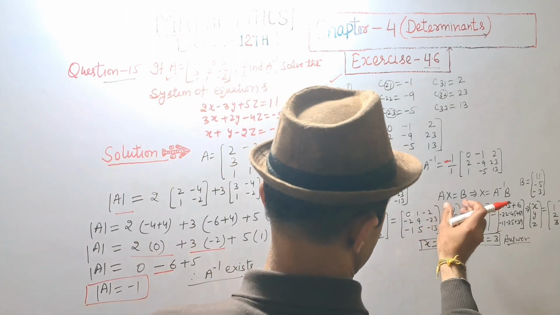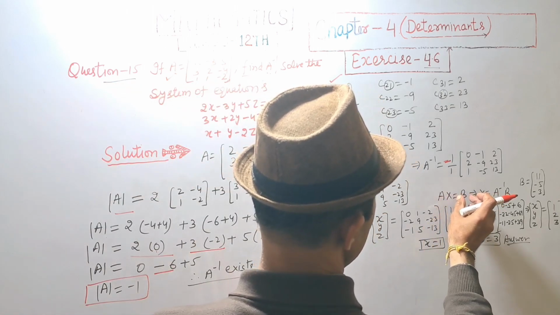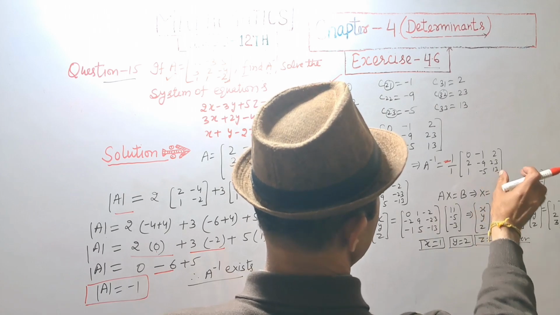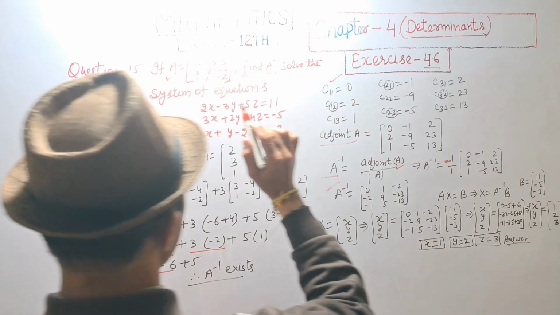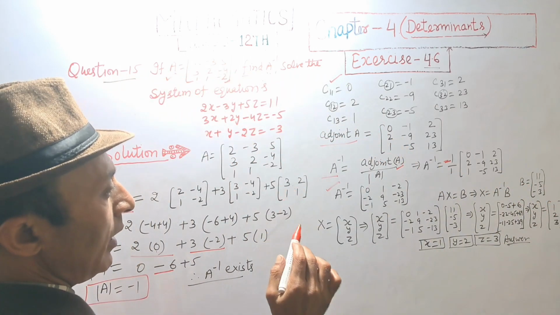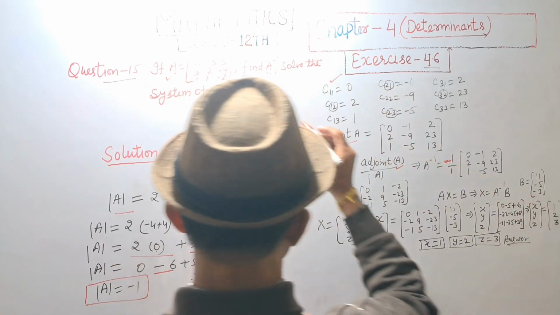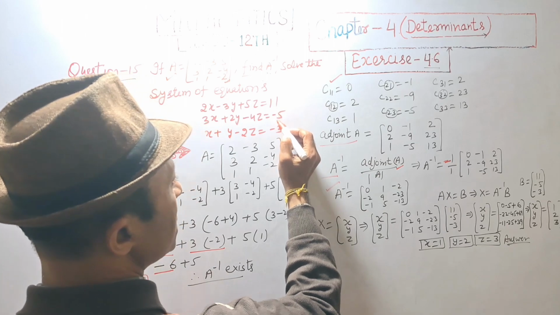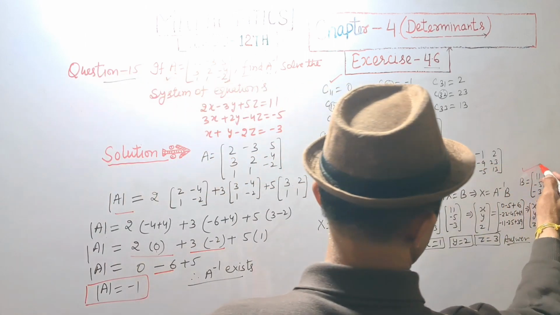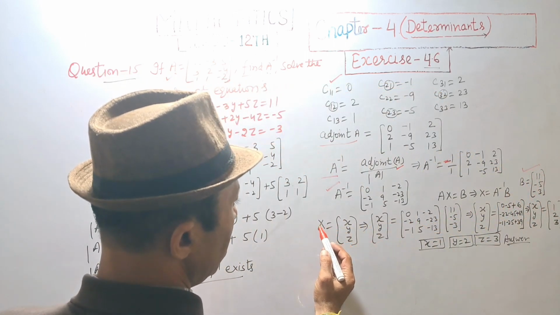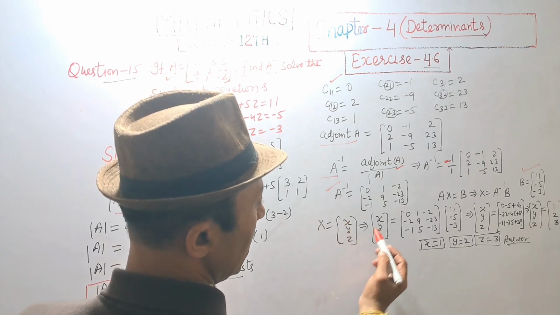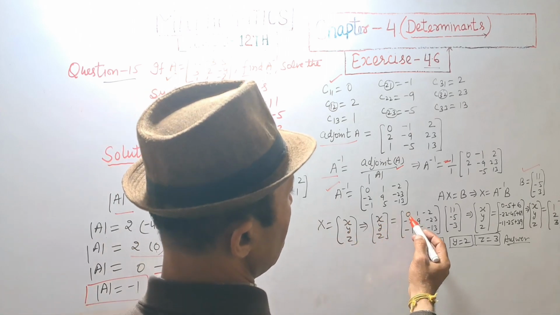So we find Ax equal to B and x equal to A inverse B. We find the value of x, y and z. X equal to A inverse B, and value of B is 11 minus 5 minus 3. So capital X equal to XYZ, and XYZ is equal to A inverse.